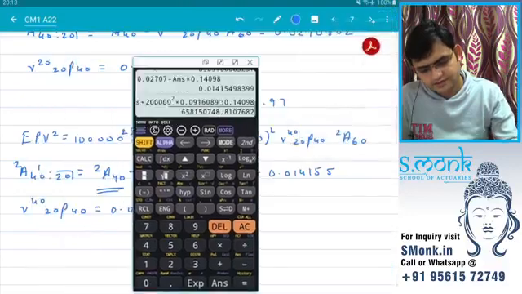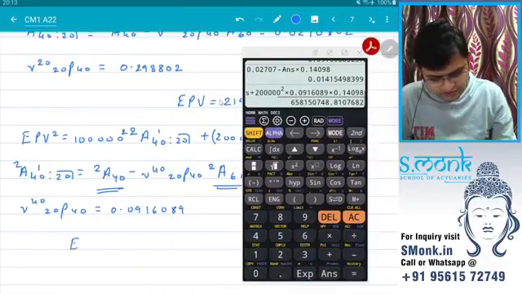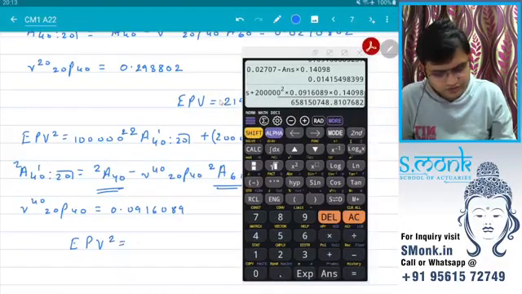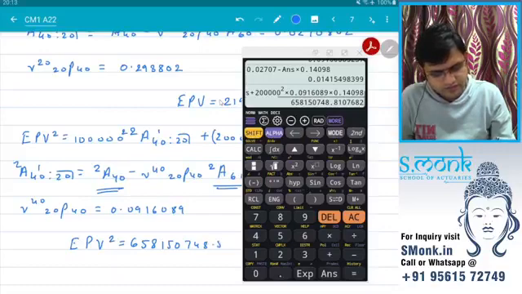These are the expected present value square. The expected present value square will be 658,150,748.8.